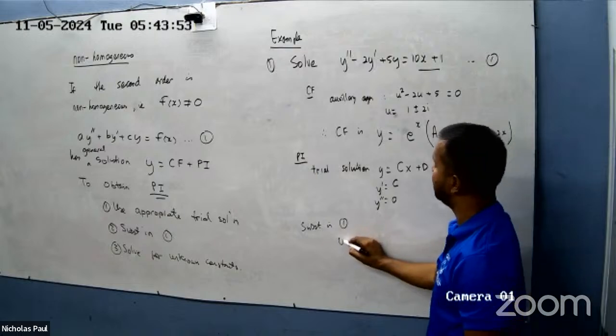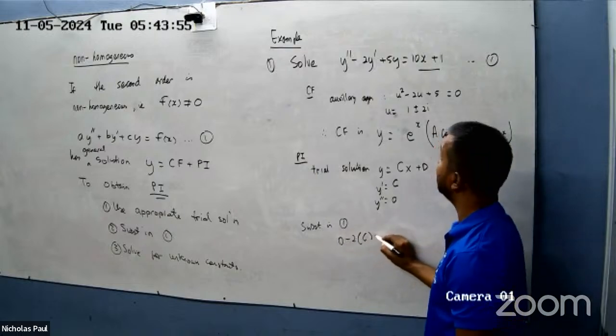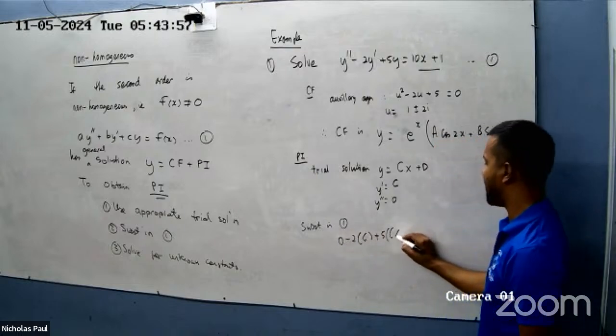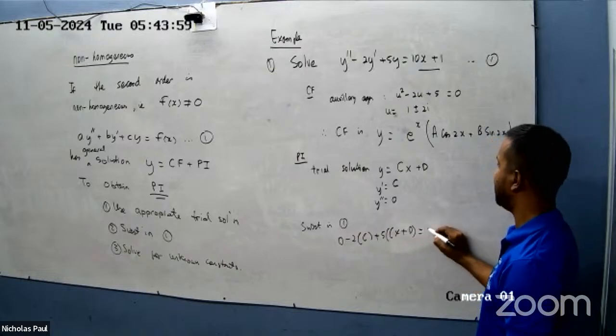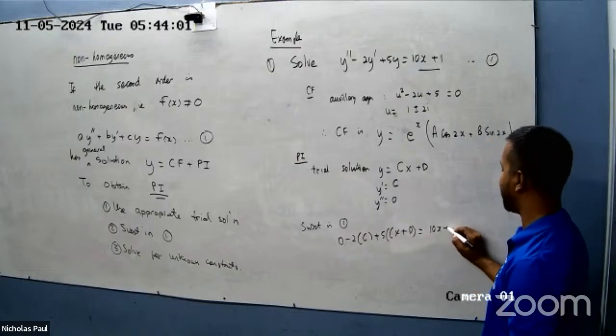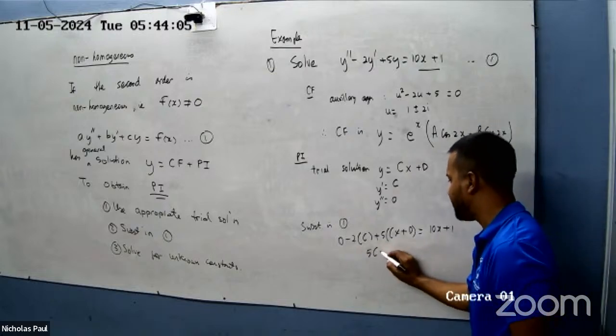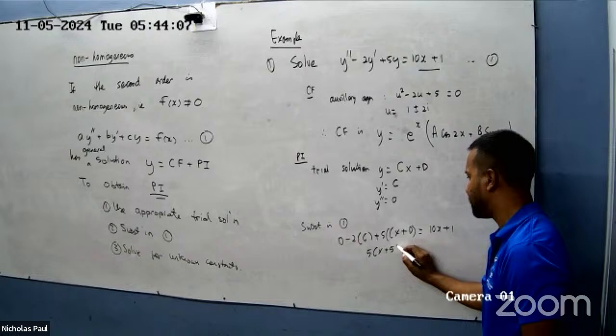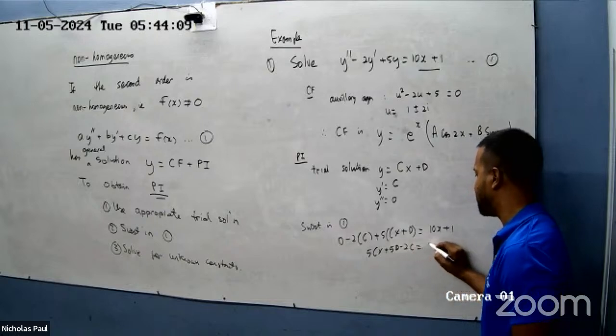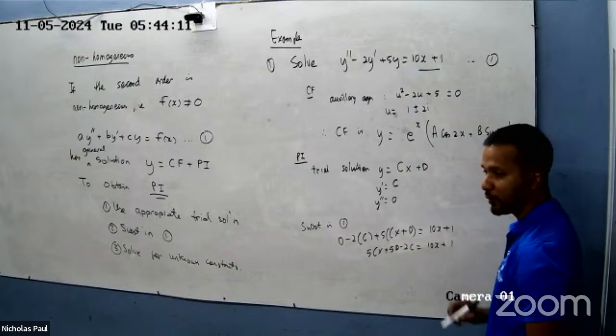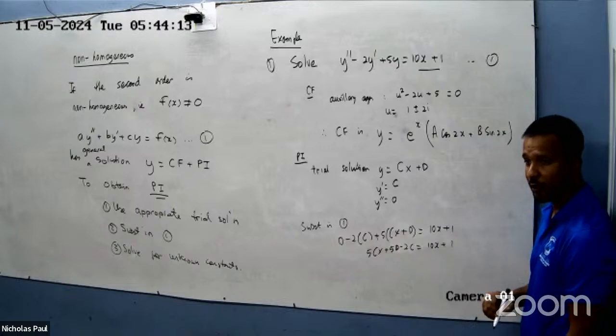So I'll get 0 minus 2 times C plus 5 times (Cx plus D) is equal to 10x plus 1. Multiply this out, and I will get 5Cx plus 5D minus 2C is 10x plus 1. Are you okay with that?